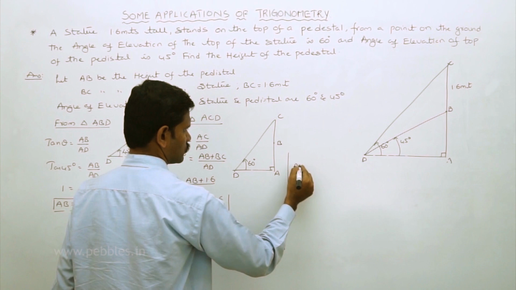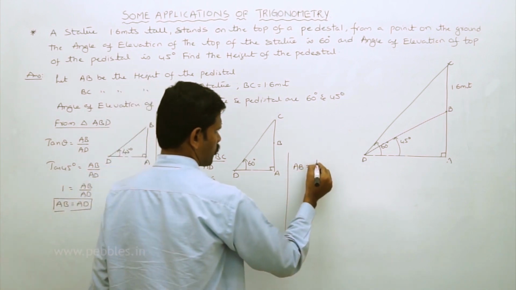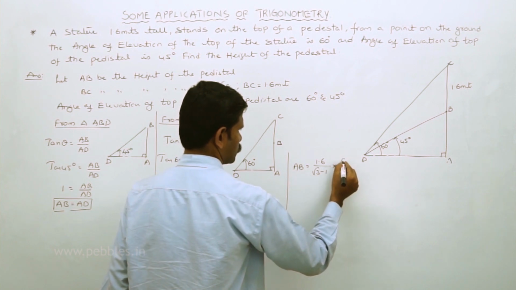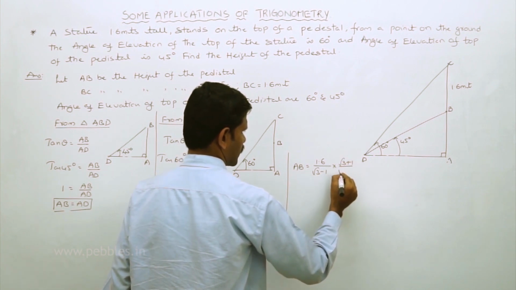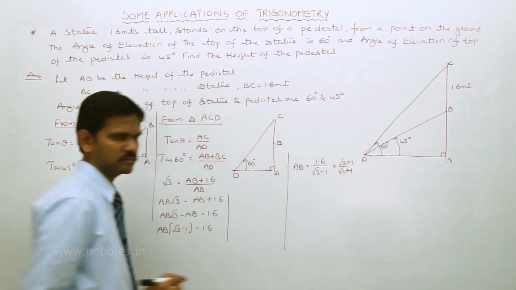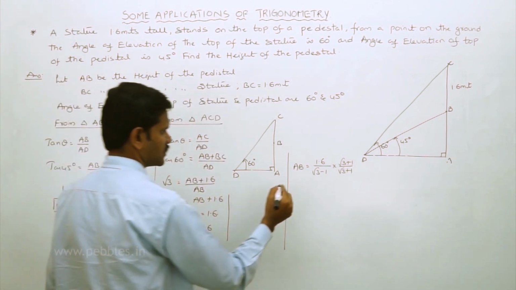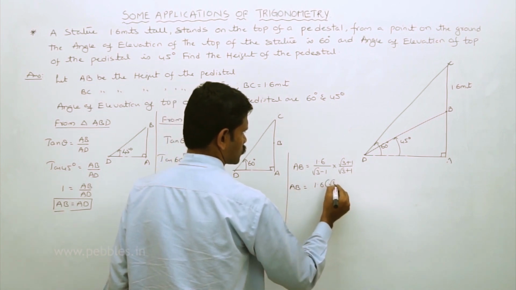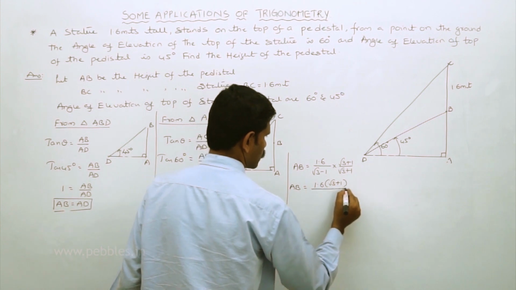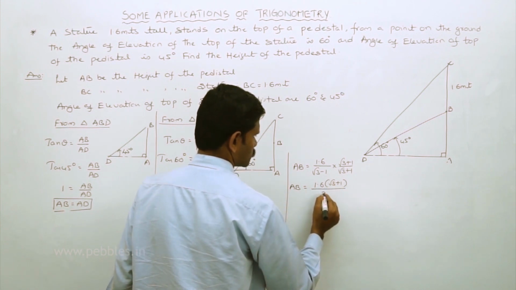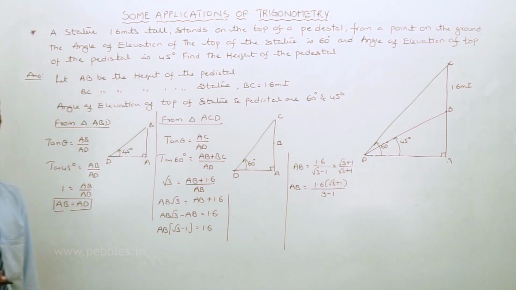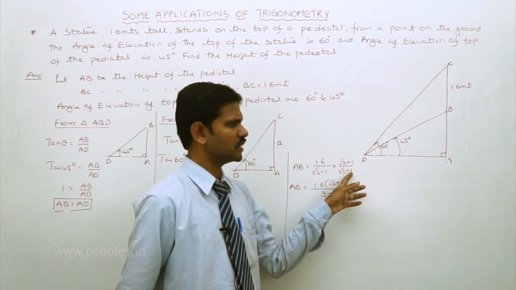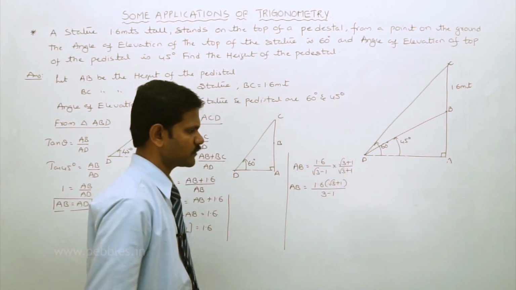AB is equal to 1.6 by root 3 minus 1, into root 3 plus 1 by root 3 plus 1. That is AB is equal to 1.6 into root 3 plus 1 by 3 minus 1, which is nothing but a minus b into a plus b, that is a square minus b square.